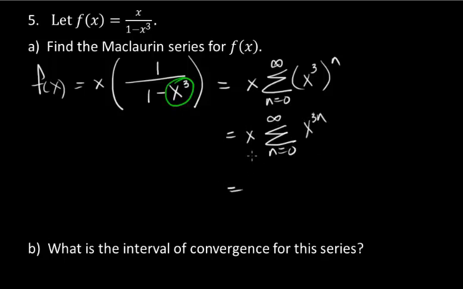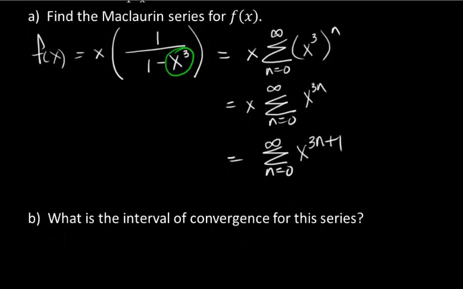And now I multiply x to each and every term in the infinite polynomial, and I get the sum from n equals 0 to infinity of x to the 3n plus 1, adding 1 to every exponent. Now you do not have to use summation notation. You could go through this by just using the other form that it's written in on your little table of series.